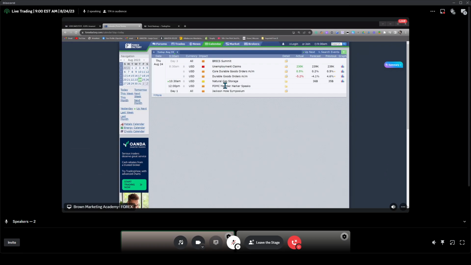So overall, my bias for the news on Forex Factory would be longs, and here's why. The only news article here, which is red folder, is unemployment claims, which is positive because it went down, from 239 to 230. Core durable goods remain the same. Durable goods orders is negative. It's bad for the economy, but it doesn't have as much of an effect on the market.